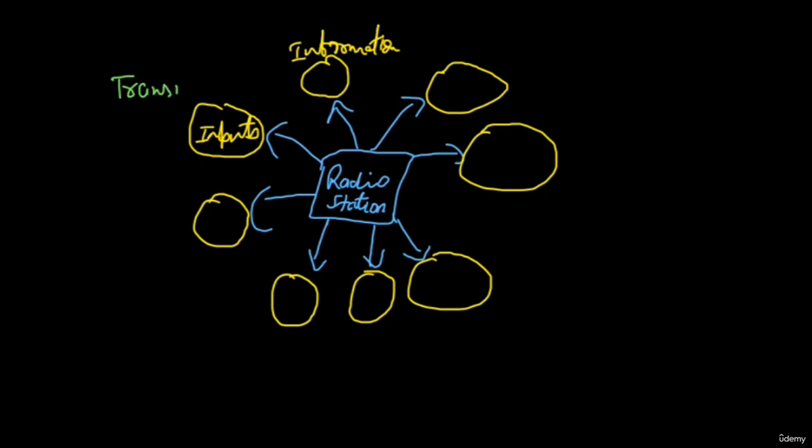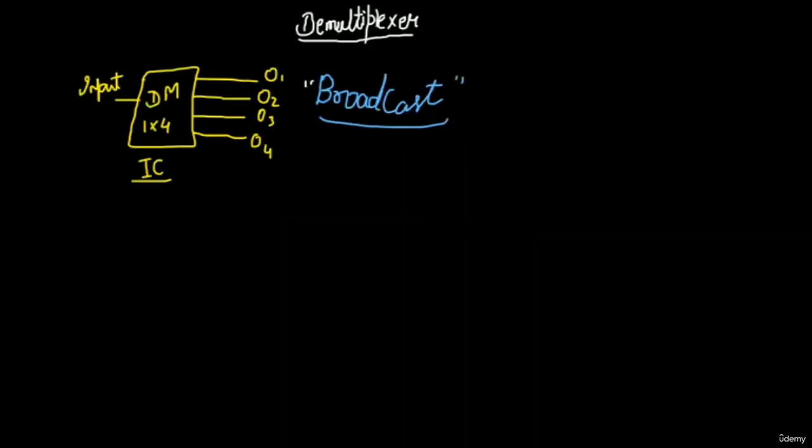So this is transmitting, or in one word, as I said, broadcast. So we are broadcasting our network through the central system, and this particular aspect is called demultiplexer broadcast, as I have written here. I hope you have learned the meaning of broadcast.